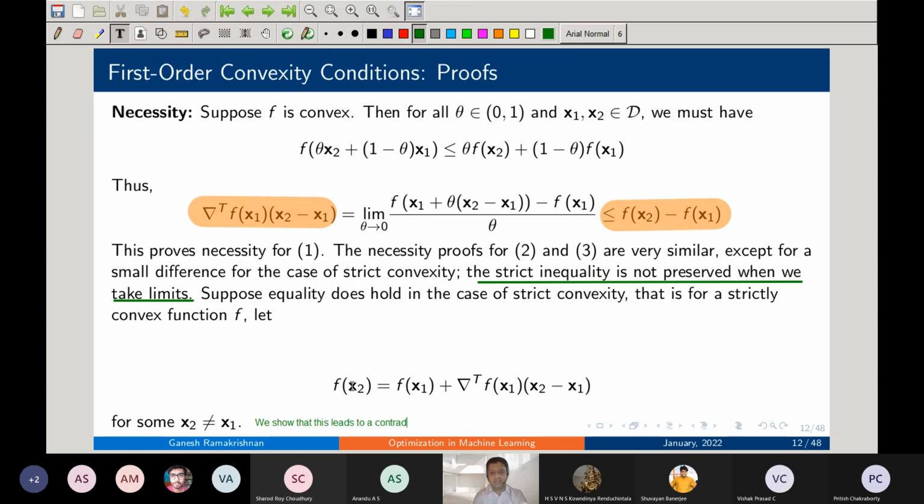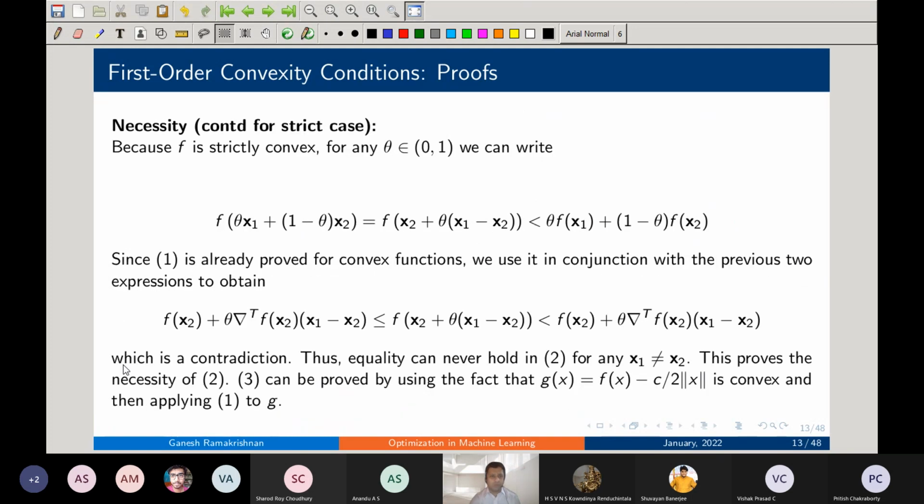What's the contradiction? Anyone want to guess? Yeah, please do participate. It will be helpful. So it's a little tricky. The proof is a little verbose.